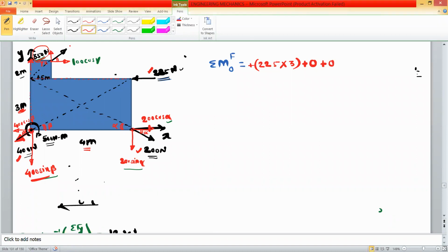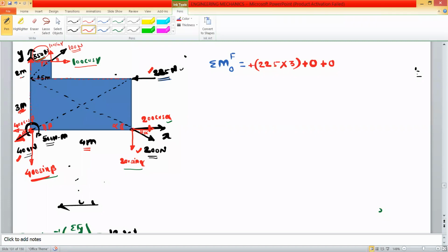So next is 100. So this is 100 Newton. We have already resolved the 100 Newton. So this is 100 cos gamma and this is 100 sine gamma. First take the moment by 100 cos gamma. So 100 cos gamma, this is the line of action and this will be the perpendicular distance.